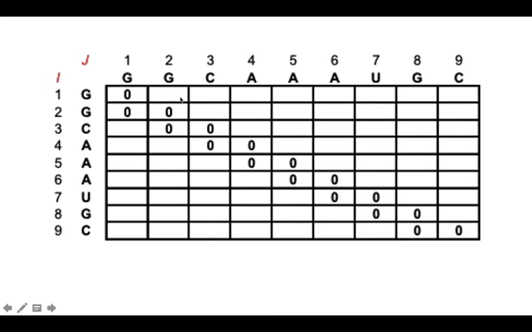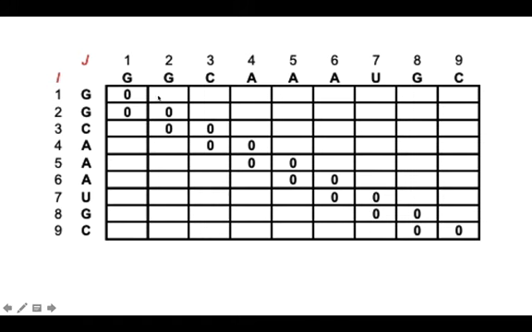So we want to fill this now. We have filled the diagonal zeros, and now we will fill this position, position 2, which is under G, with the maximum of the values here. The key is to remember that if G and G can be paired, just add 1, and also add the maximum of the 3 here.